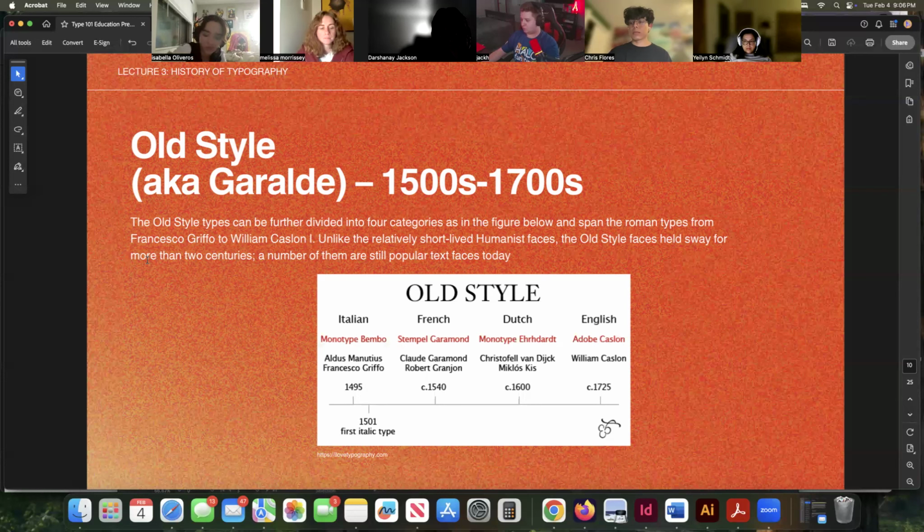A number of them are still popular text faces today. Garamond, Caslon is one of them we still see today. And it tells you who invented them and at what time they were invented.